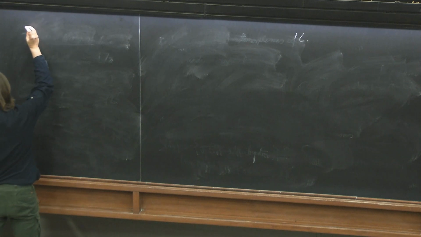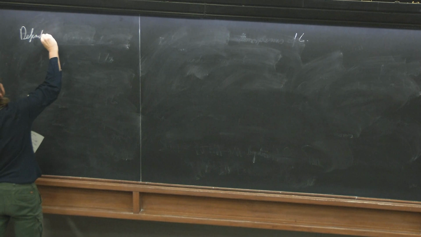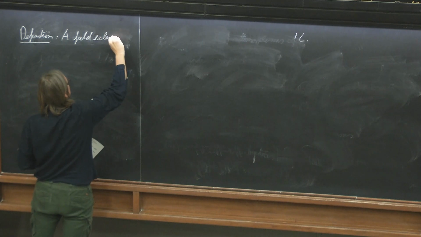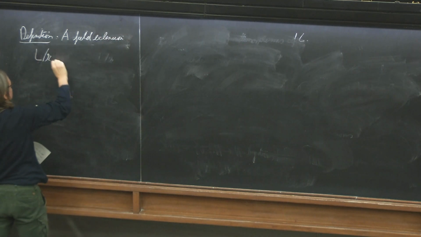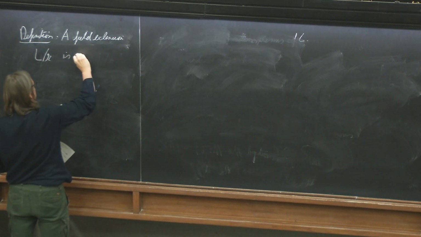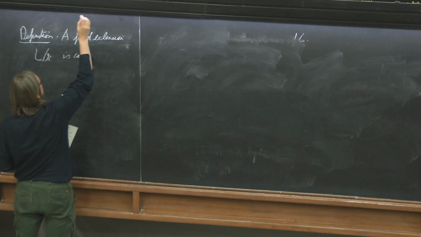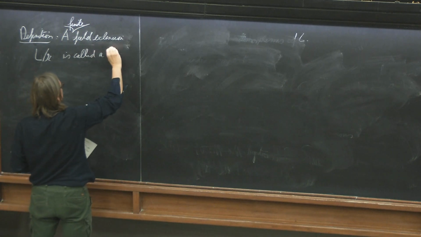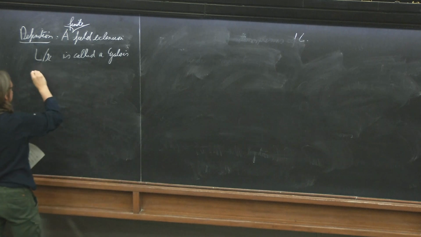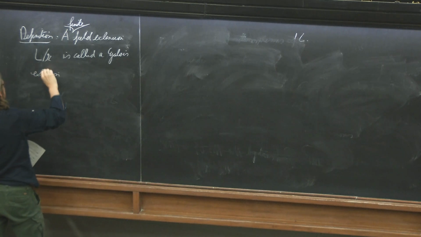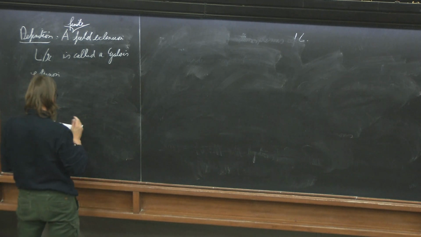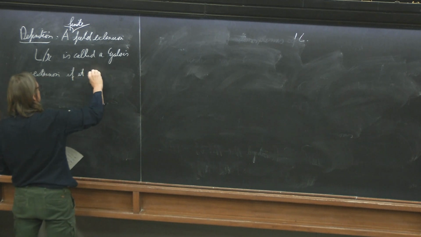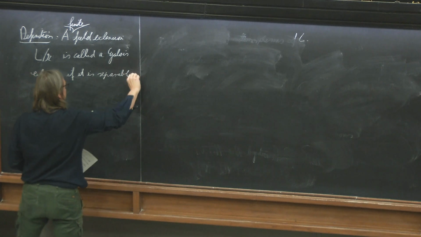Definition: a finite field extension L over K is called a Galois extension if it is separable and normal.